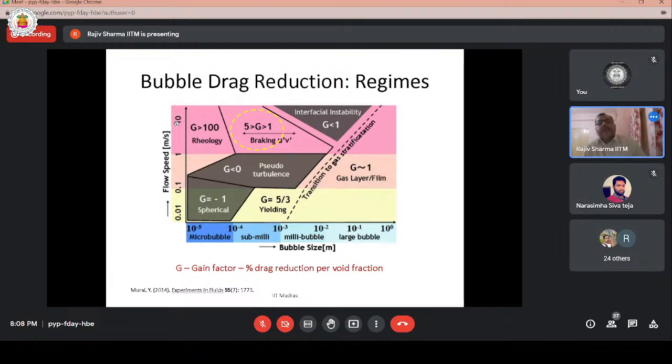We are not looking for micro bubbles because they add to the complication. We are also not looking for millibubbles and larger bubbles. So basically sub-millimeter size bubbles offer you a decent choice in prediction.